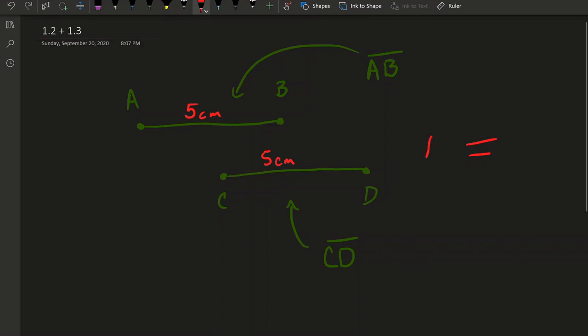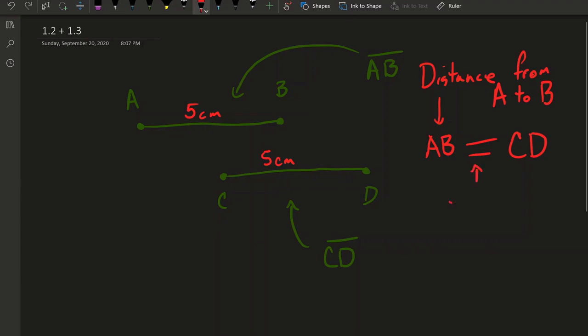If I write AB by itself, with no line on top of it, that means the distance from A to B. So if the segment AB and the segment CD are both 5 centimeters, I can say the distance from A to B is equal to the distance from C to D.